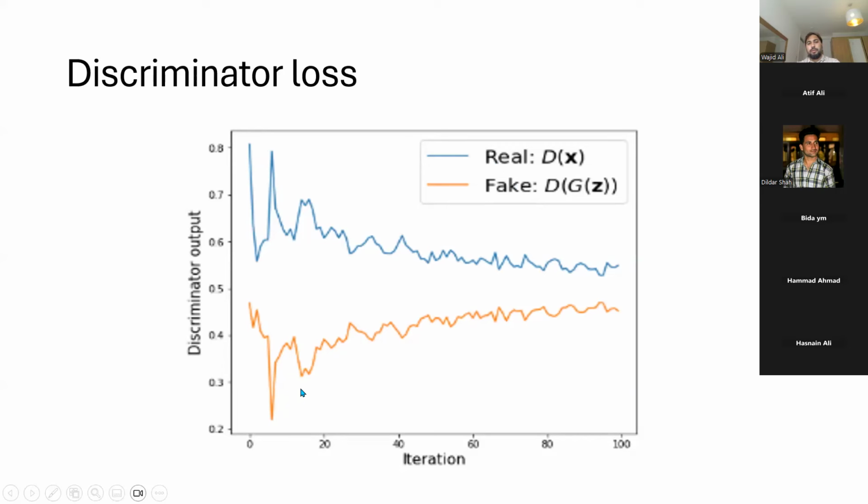But as the generator gets better and better, with the passage of time it will fool the discriminator, and it will show higher and higher values for the fake data, and ultimately it will converge to somewhere around 0.5. At this stage, this GAN model can create new images very clearly.